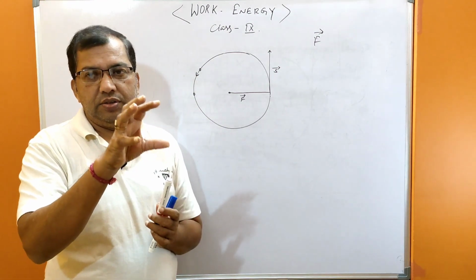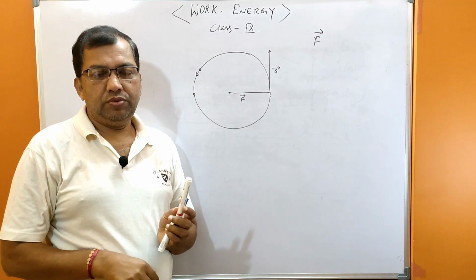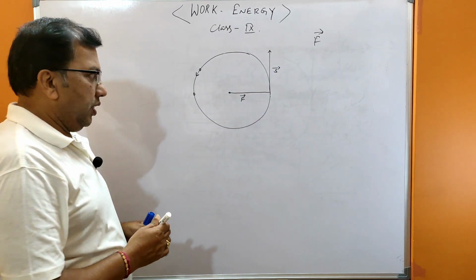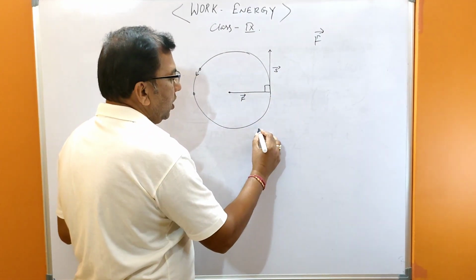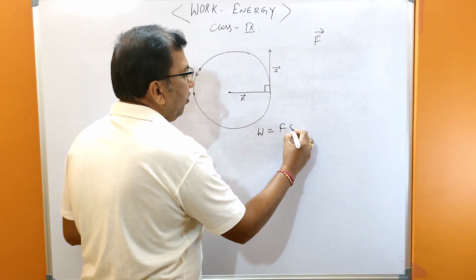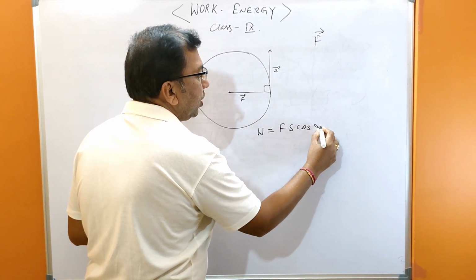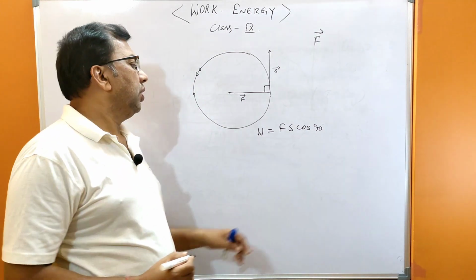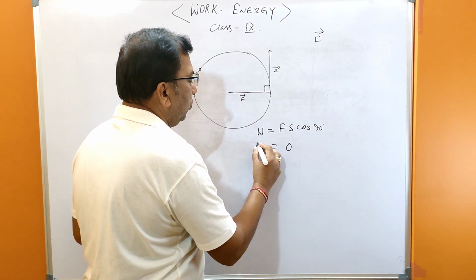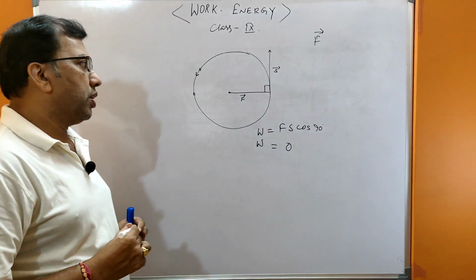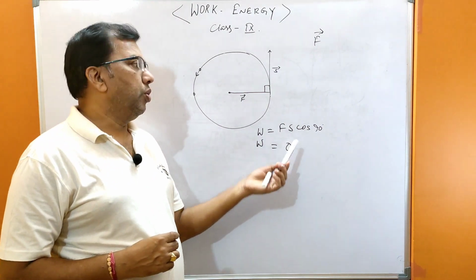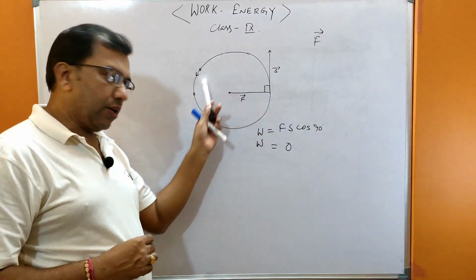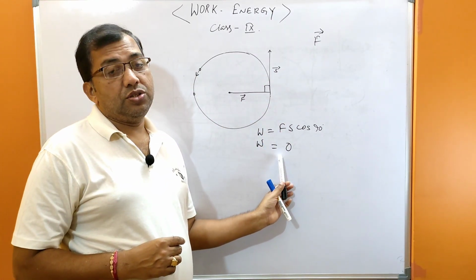So the work done on the stone in this case is W equals Fs cos 90 degrees. Fs cos 90 equals what? 0. So when a stone is rotated in a horizontal circular path, the work done is 0.